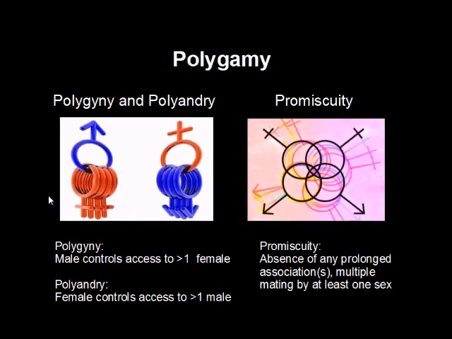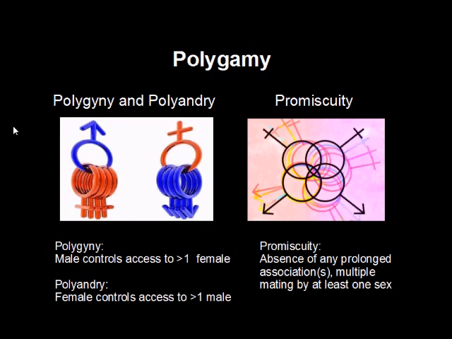Now, in polygamy, that's not the case. And there are various different ways that polygamy can occur. You've got polygyny and polyandry. In polygyny, you have one male, many females. Okay?